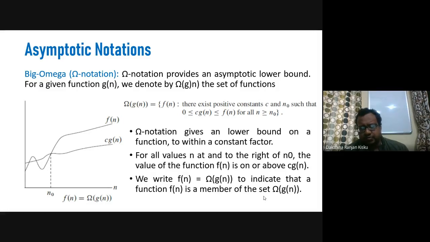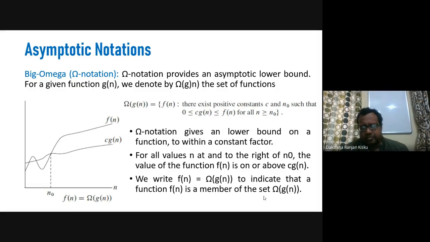For some value of c and n0, this relation will be satisfied. That means c g(n) less than or equal to f(n) for all n greater than or equal to n0.